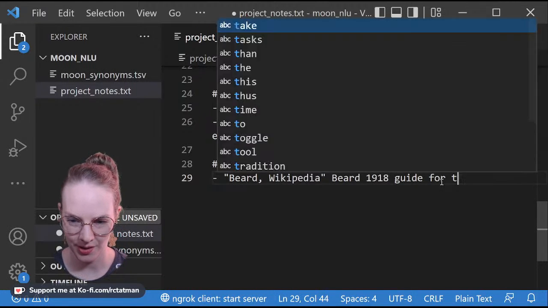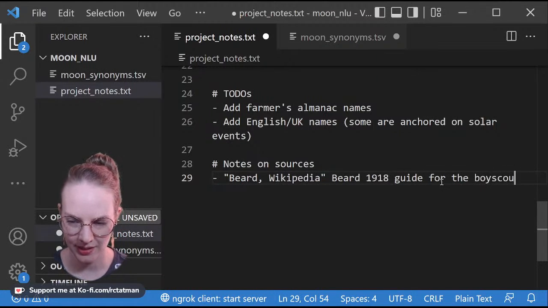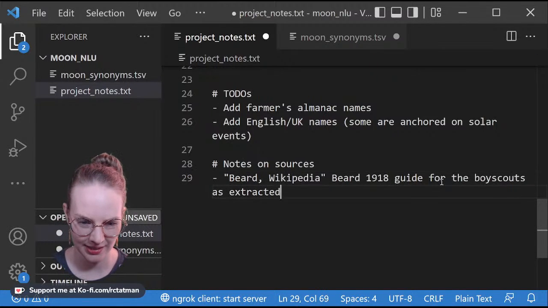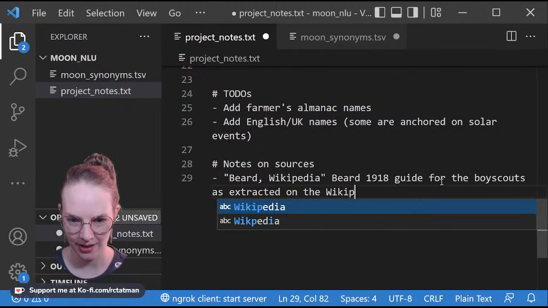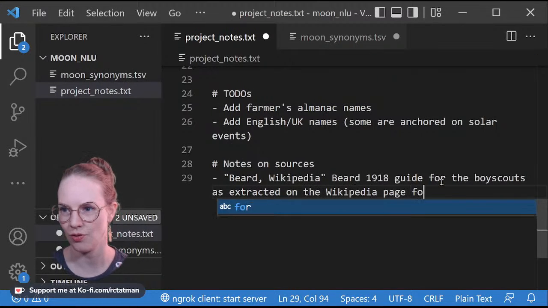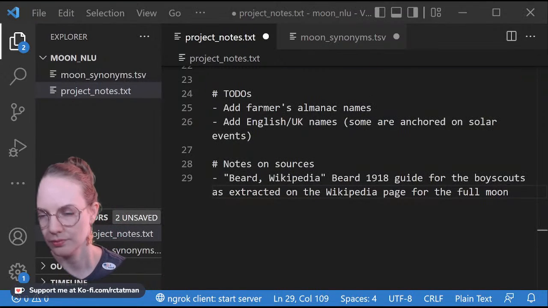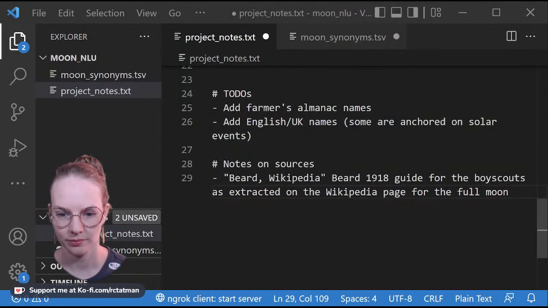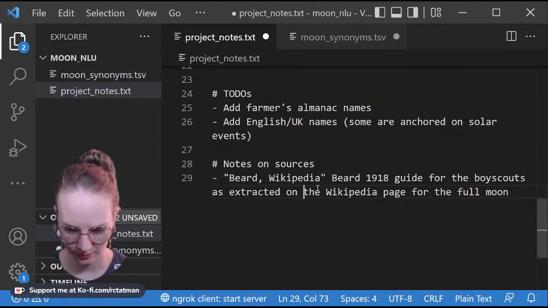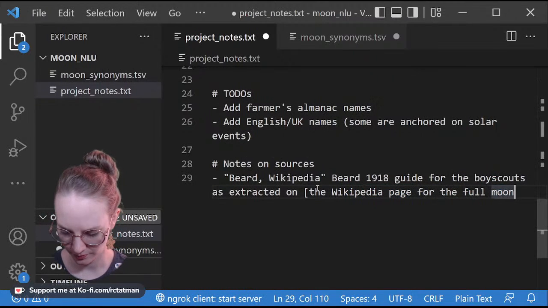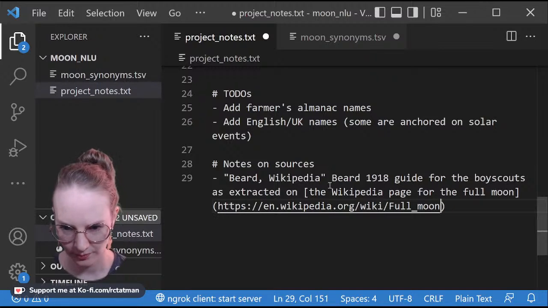Guide for the Boy Scouts as extracted on the Wikipedia page for the full moon.